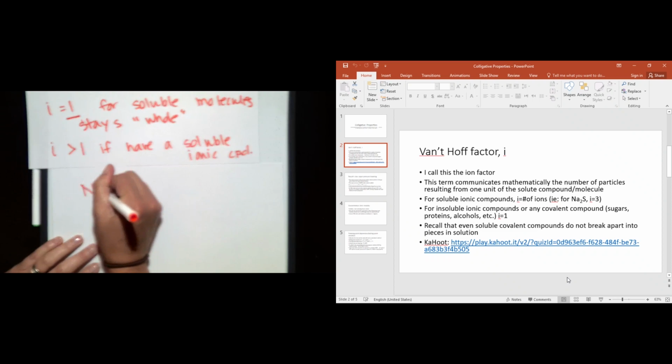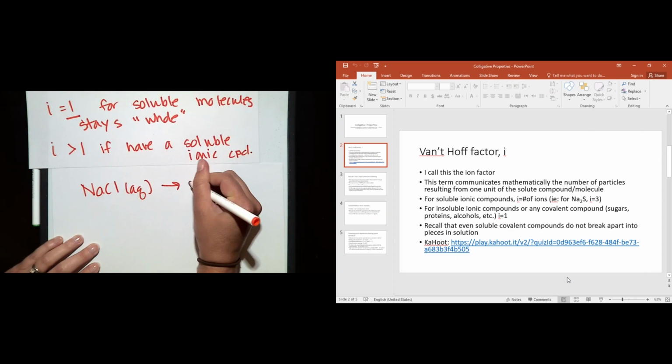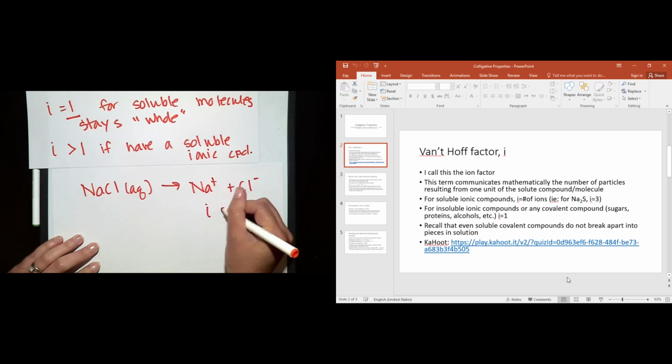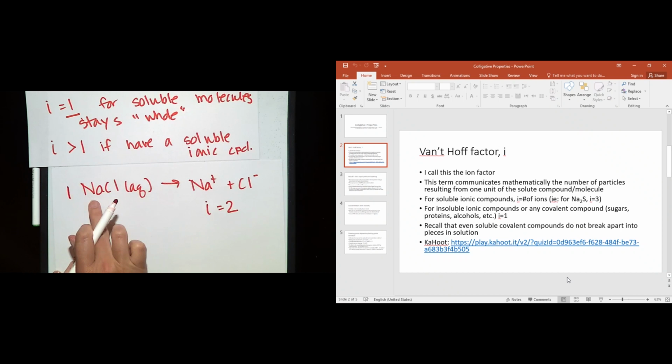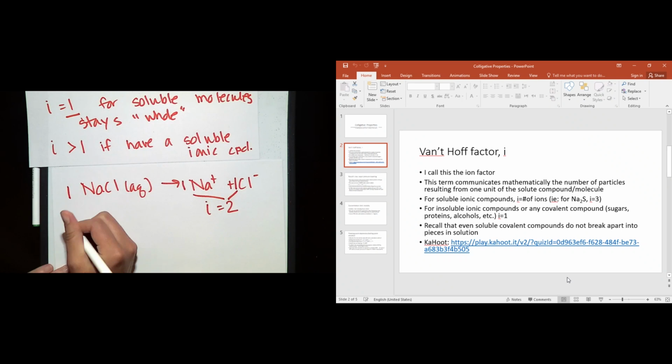Well, if we have a salt like sodium chloride, which is soluble in water, it breaks apart into 2 ions, so i equals 2. We had a group assignment where you were asked how many moles of ions. That conversion step between 1 mole of compound, and 1 plus 1 is 2 moles of ions.